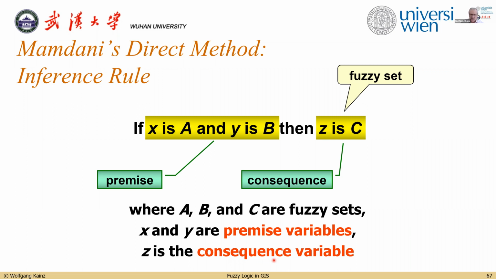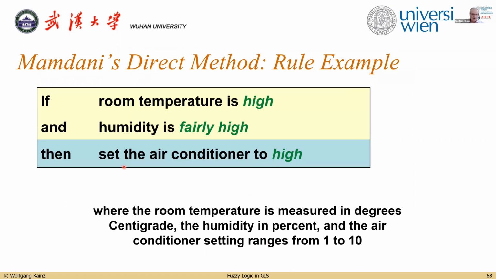And if we look at an example, it can look like that. If room temperature is high and humidity is fairly high, then set the air conditioner to high. So what we see here is that high, fairly high, and high are fuzzy sets. The first one is for high temperature, the other one for humidity, and the last for the setting of the air conditioner.